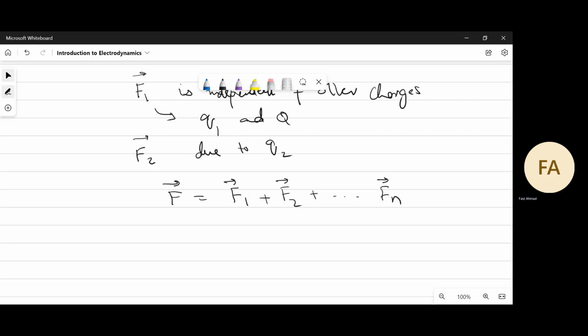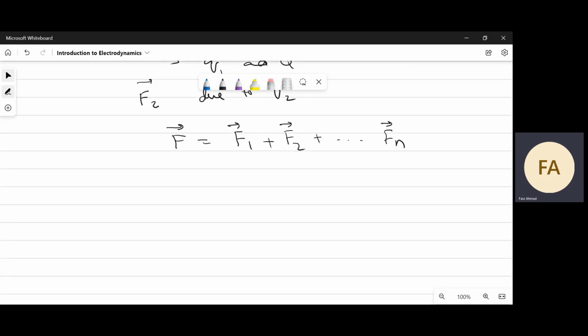This way, we have to find only one thing: the force for just a two particle system, not for an n particle system. If we find the force between a single Q and Q, then superposition says we can find the individual charges' forces and then add them up. So the problem turns back to just a two particle system.